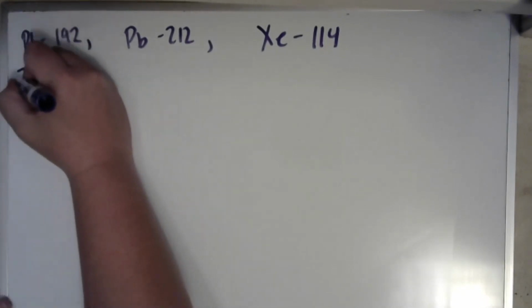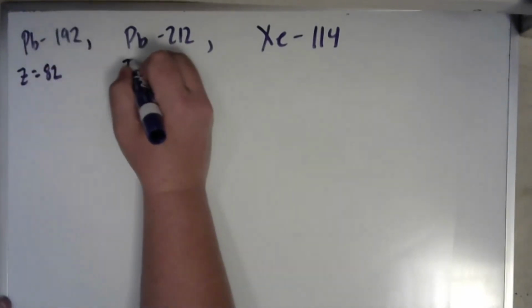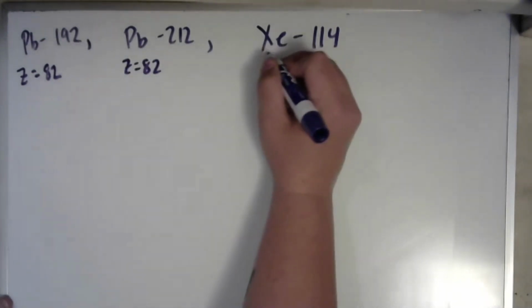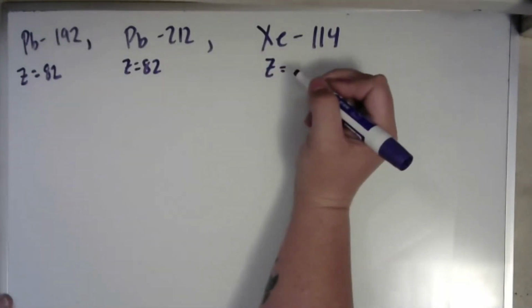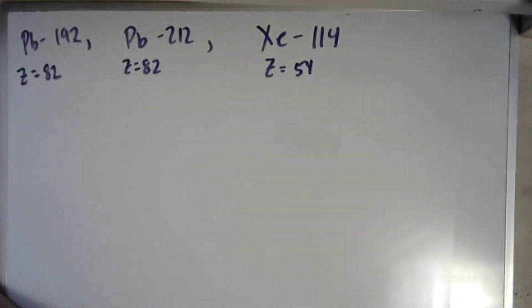So lead is going to have a Z value of 82. Xenon is going to have a Z value of 54. Now let's go back to the chart together.